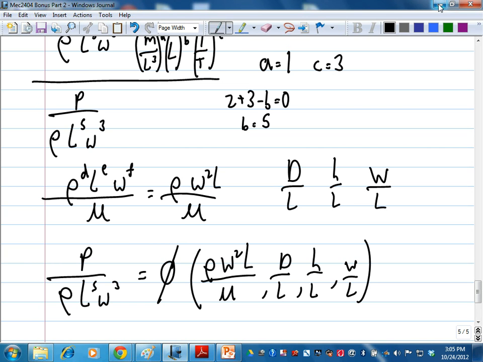So it's your choice either rho, omega, L, or rho, mu, L. Don't make your life more complicated. The other way around also can, no problem.